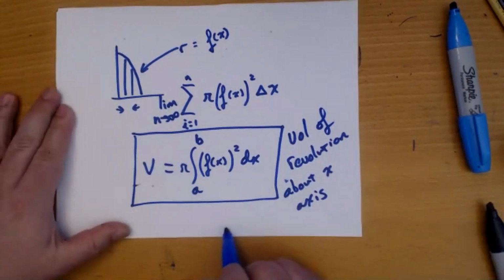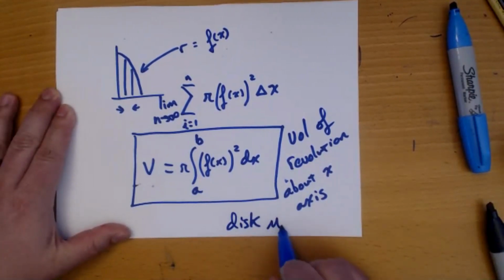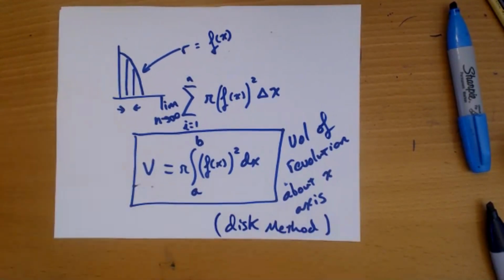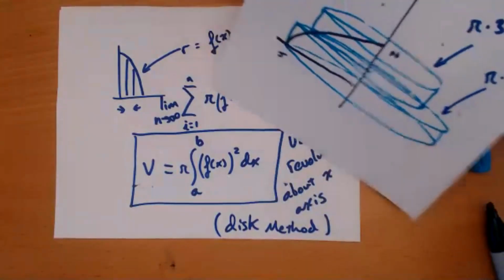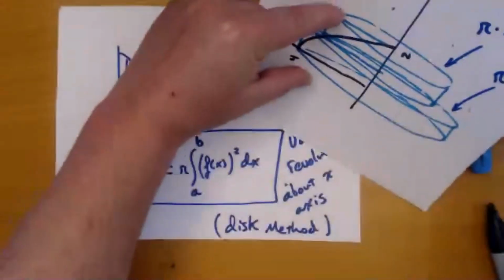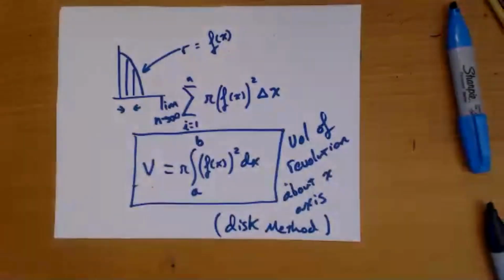This is also known as the disk method, because we have a boatload of little disks that get smaller and smaller and smaller.